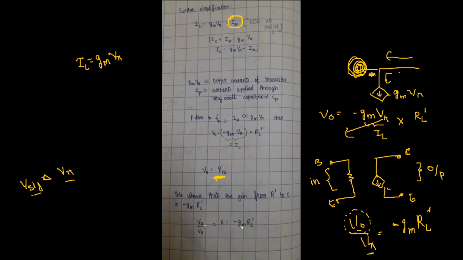So it is V pi minus VO, and the impedance between is that of capacitor C mu. So I have I mu is equal to j omega into C mu into V pi minus VO, and I can write VO as minus GM RL dash into V pi, like I just saw here. VO by V pi is equal to minus GM RL dash. So upon taking V pi common here, I will get 1 plus GM RL dash.